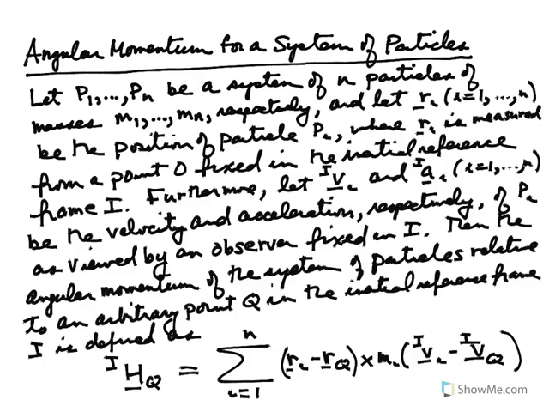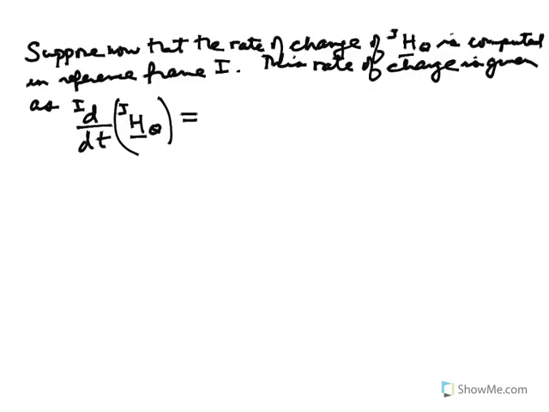Well, now let's look back at this expression for the angular momentum. We can see that there's a product. In this case, it's a cross product. So we're going to take the derivative of the first crossed with the second plus the first crossed with the derivative of the second.